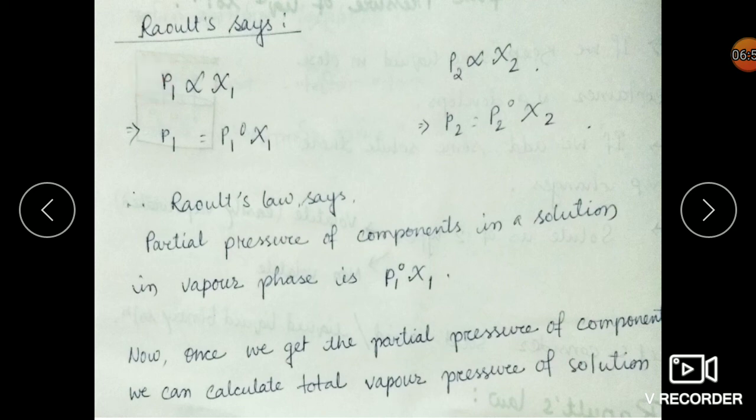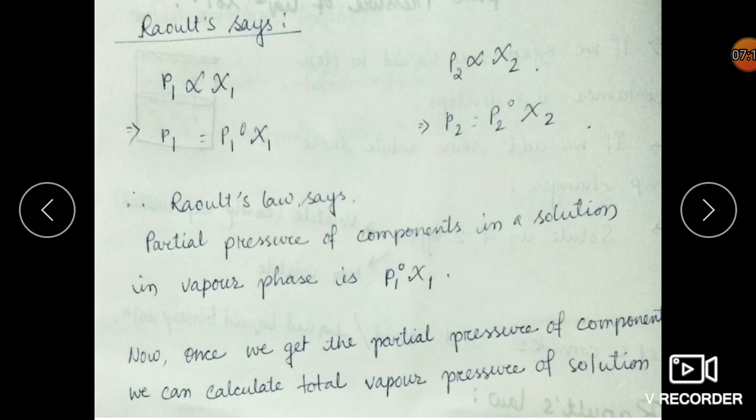If you have added more solvent, the partial pressure exerted by the solvent in the vapor phase will be more. If you have added less solvent, then the pressure will be lesser. So P1 is directly proportional to the mole fraction.